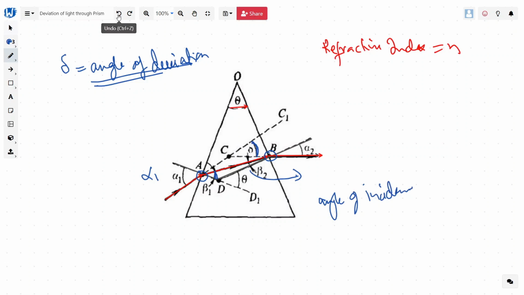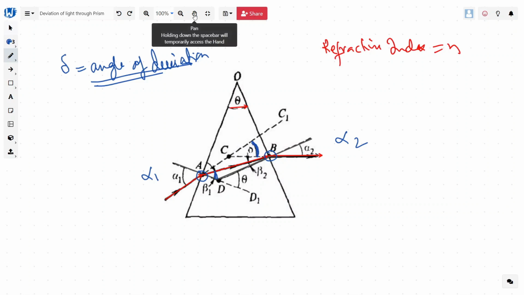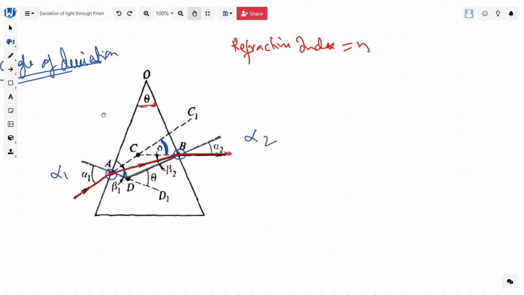Then it will get refracted and come out at angle alpha 2. These are all things we know, and we need to find delta. We are going to write some equations, but before we proceed, some geometry will help us write those equations. First things first, let's redraw this triangle here.